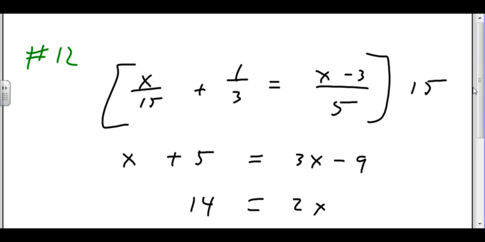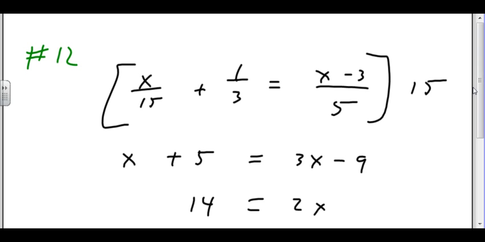If I take my calculator and I go second function, numerical solver, which is the inverse sine key, and I were to enter x divided by 15 plus 1/3 is equal to quantity x minus 3, close parentheses, divided by 5, what would my calculator do?